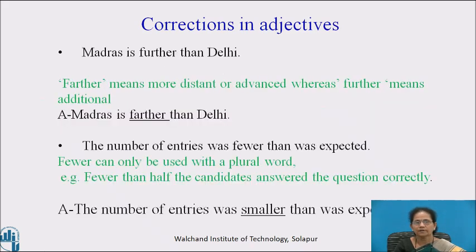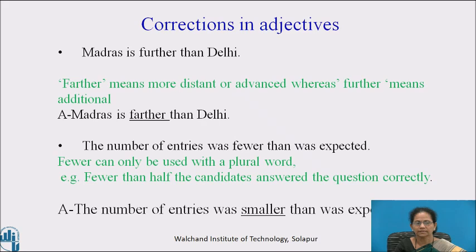See the next example. Madras is further than Delhi. Farther means more distance or advance, whereas further means additional. So in this sentence, we need the first meaning. Madras is farther than Delhi.